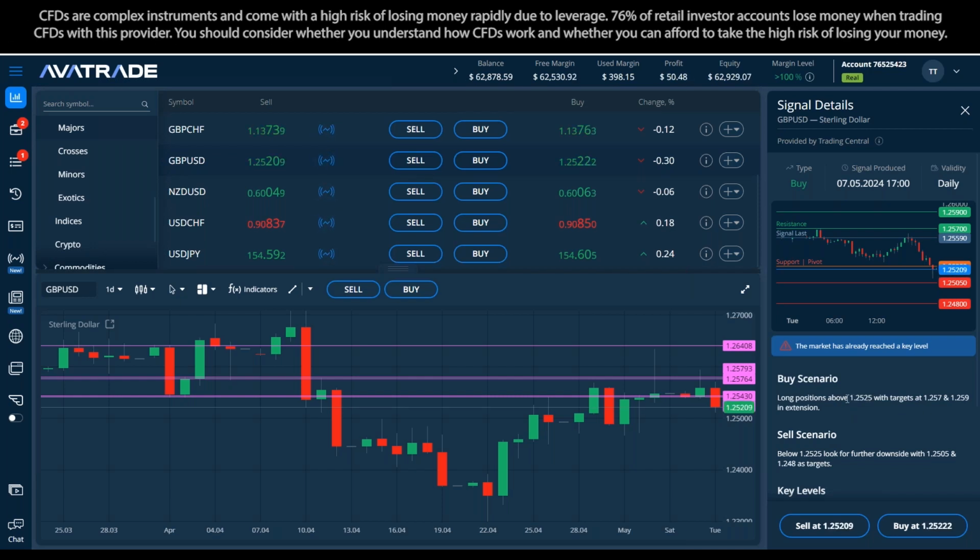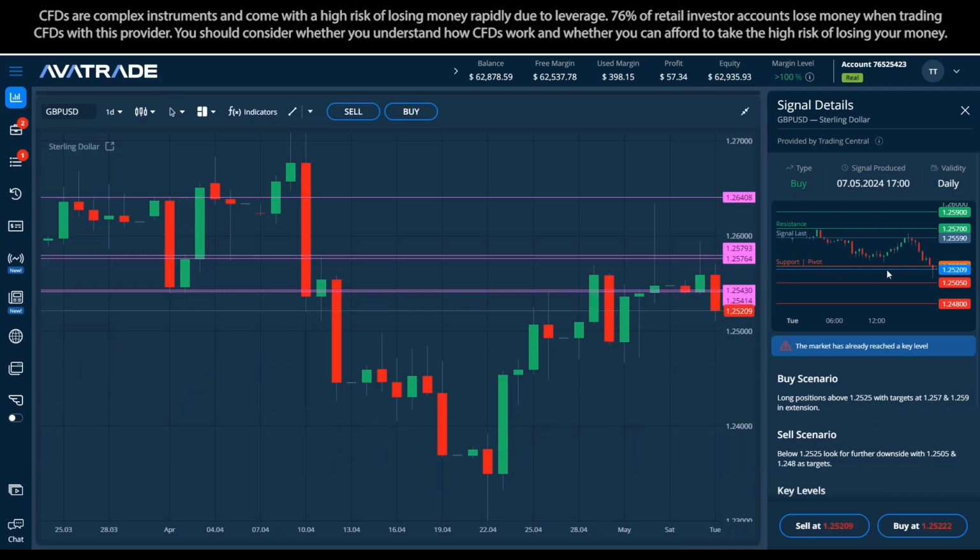So even though the signal went bad the first time it said buy, clearly it went bad, it dropped below the pivot, I still trust the technical analysis from Trading Central. This is a support/resistance level here. So if it breaks back above this line, 125.25, it looks like that would establish an uptrend, okay? And the downtrend signal almost already came to fruition and bounced back up. So it's a little late on that one.